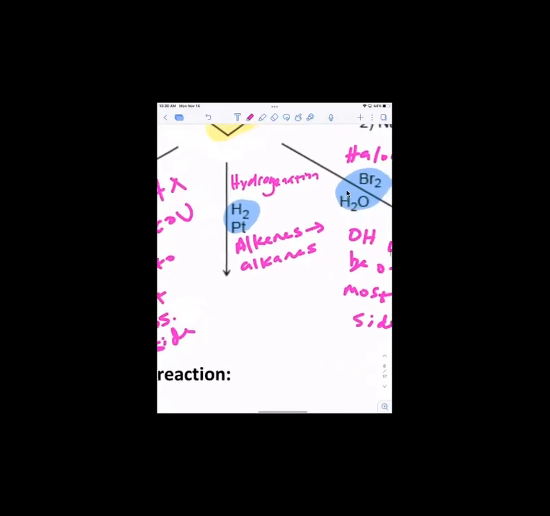Right? So if I'm going to add a hydrogen to each side, then my product is going to look like that. Right? Where I've added a hydrogen here and one here. So you have to do this in the presence of a platinum or a palladium catalyst.